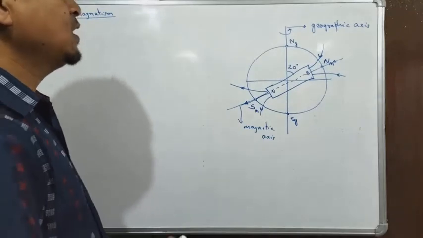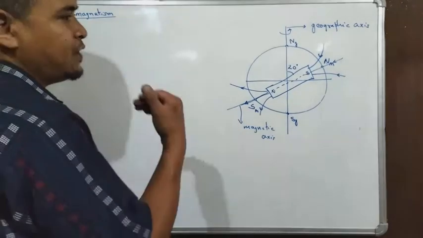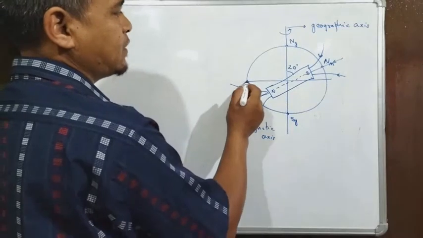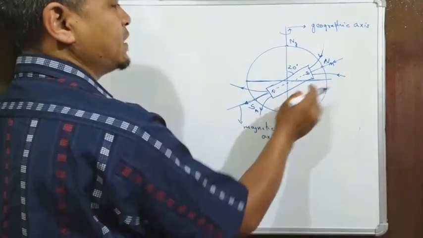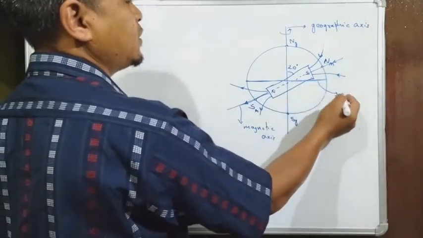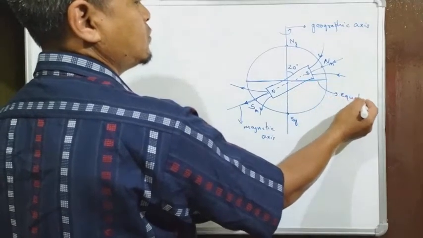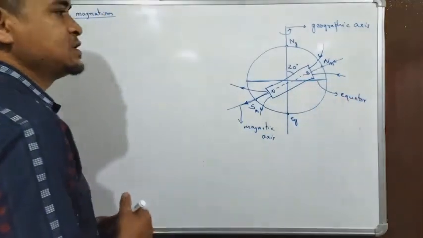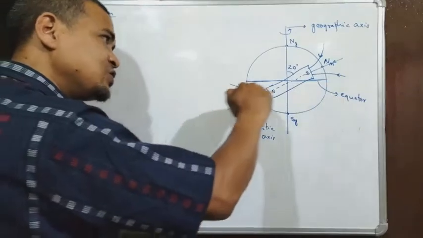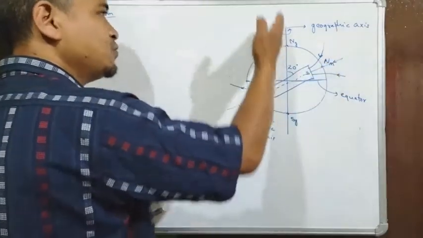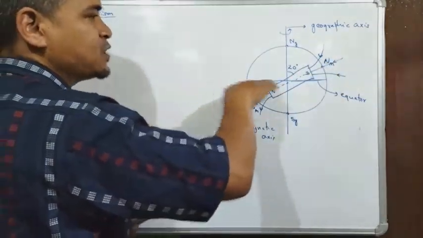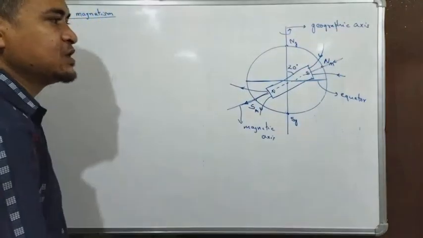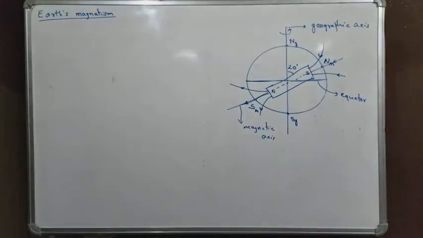Now, we also have another line here, which is known as the equator. So what is an equator? It is a line which passes through the center, perpendicular to the geographic axis, and it passes through the center of the earth.